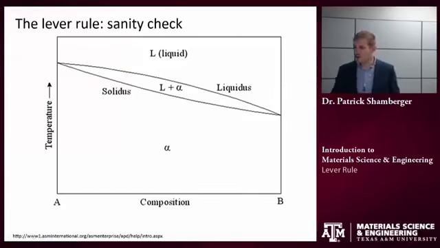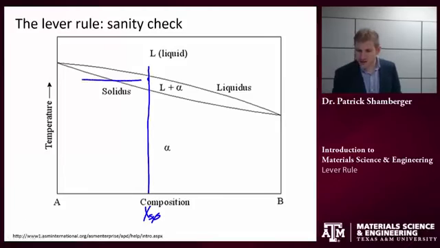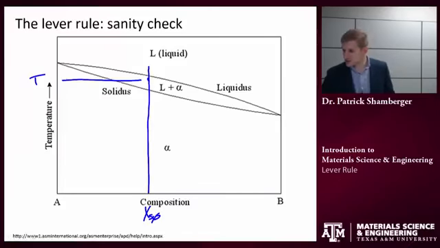The final thing we're going to do is just a quick little sanity check. And I encourage you always to do this when you're asking questions about concentration of different phases present. Just to make sure I'm getting the point I want, I'm going to start up here. Let's say my system composition is this, and my temperature is this. Again, the first thing that I always do if I'm in the two-phase region is I draw my tie line.